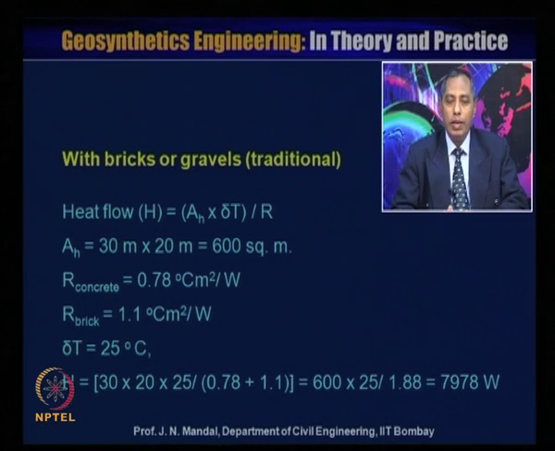This is the traditional method, where there is concrete and also brick or gravel. So, 0.78 R for concrete and 1.1 for the brick. This will be equal to 600 into 25 divided by 1.88, which gives 7978 watt. So, the heat flow with the traditional method is 7978 watt.